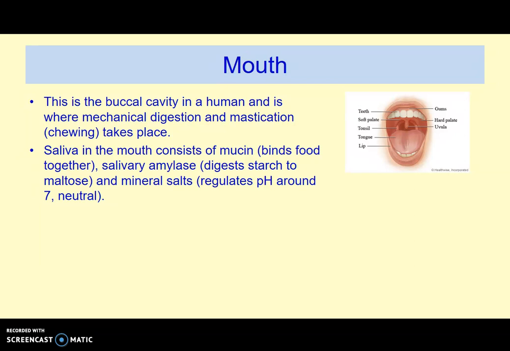It helps to bind food together and gives it a bit of lubrication, but it's also got an antimicrobial protective quality for around your teeth. There's also salivary amylase to digest starch to maltose, and mineral salts, which keep the pH neutral. That's important because it links in nicely to our knowledge of enzymes needing an optimum pH to work.